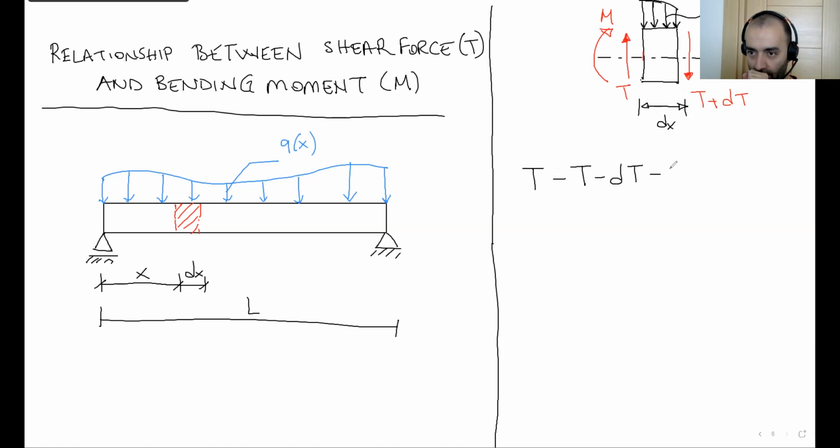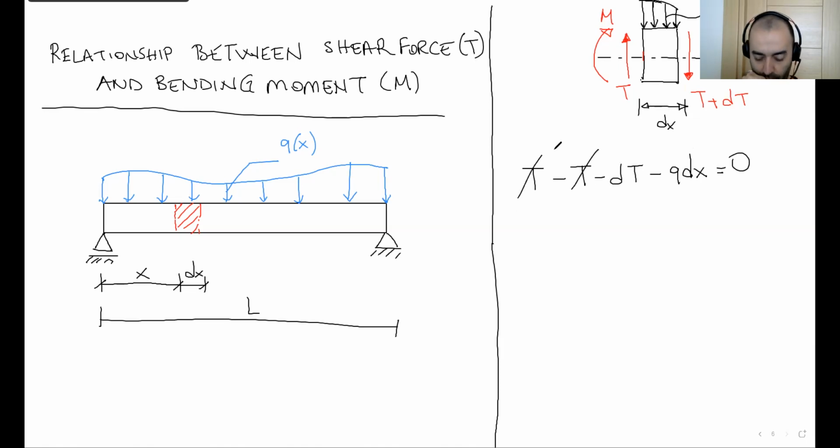So it's Q times, remember how we convert the distributed load to the point loads: the magnitude of the distributed load times length, Q times dx, equals 0. Here, we cancel these two.